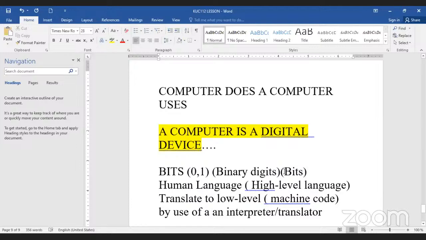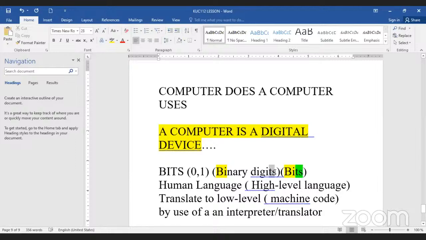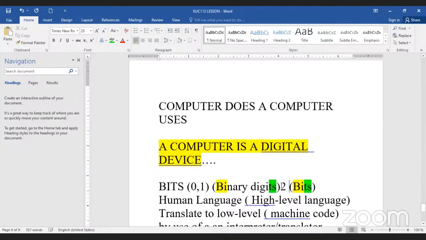So whenever you hear someone talking about bits, the word bits comes from the words binary digits, because binary means 2.